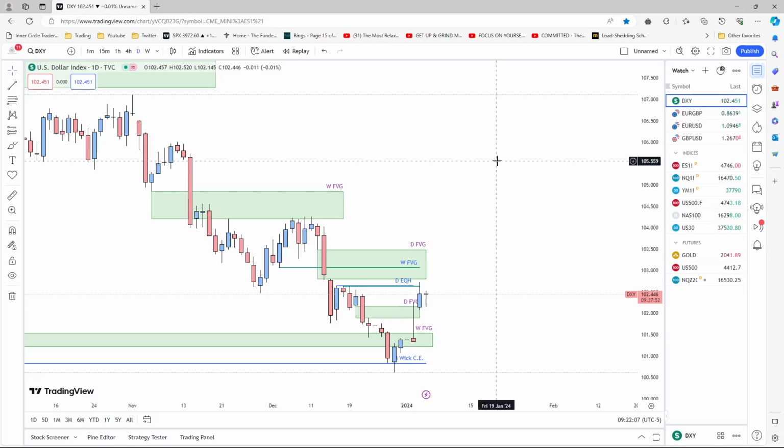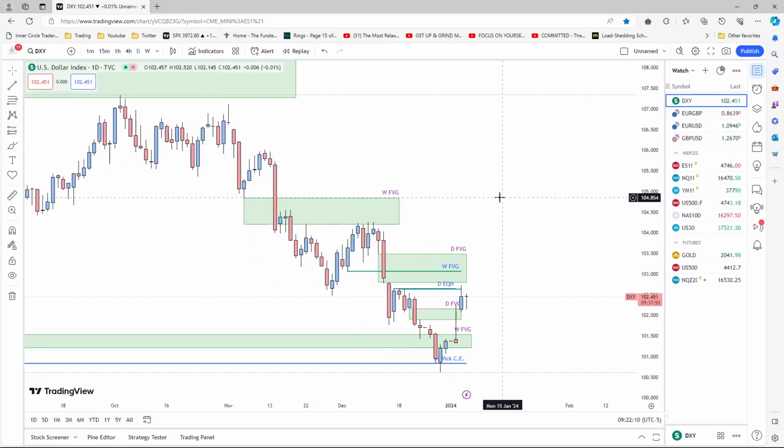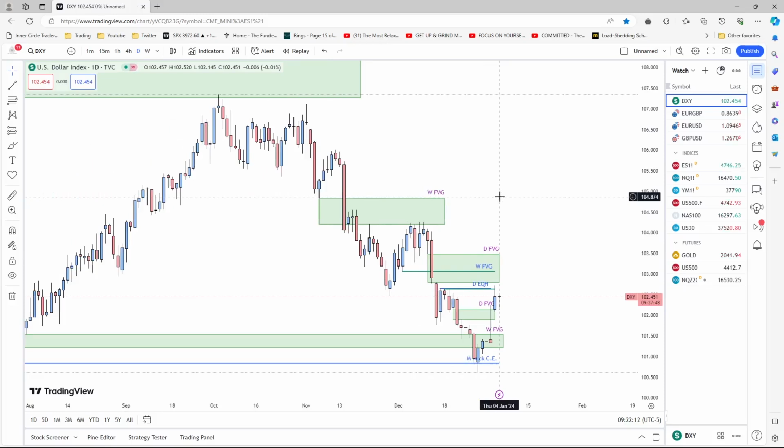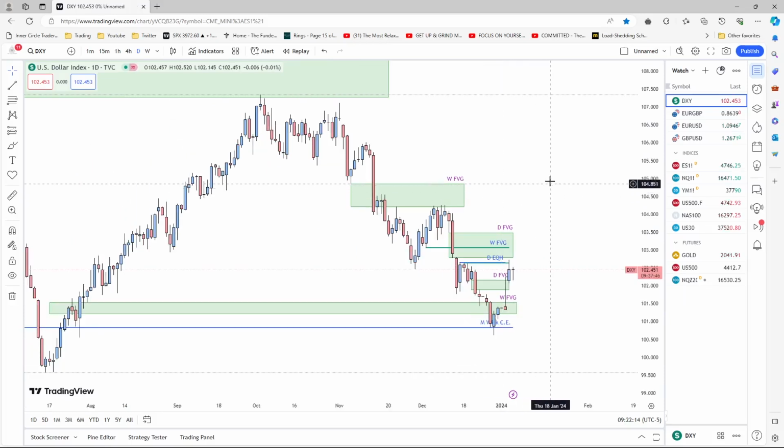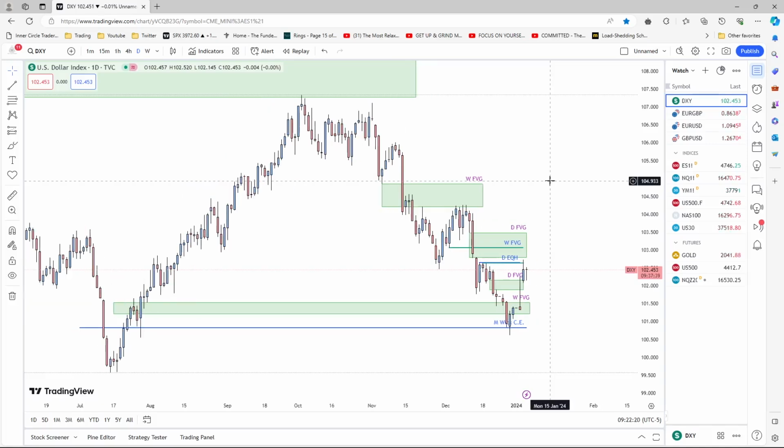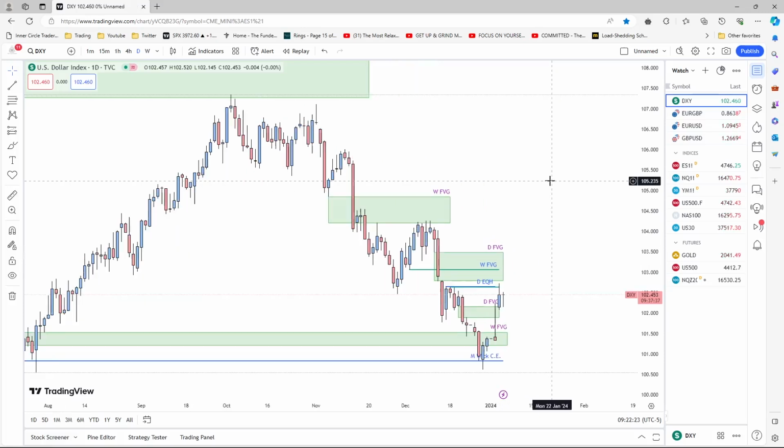So we'll get to that, but first I just want to run through and give you a breakdown of what I see in terms of bias, or what we are going to do in these markets.